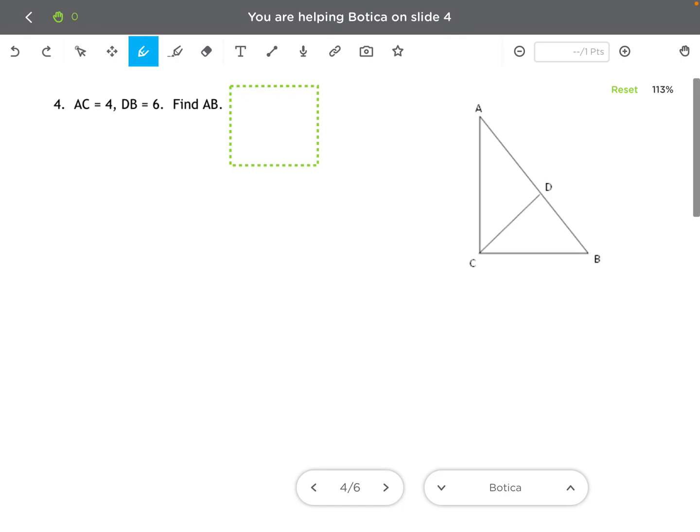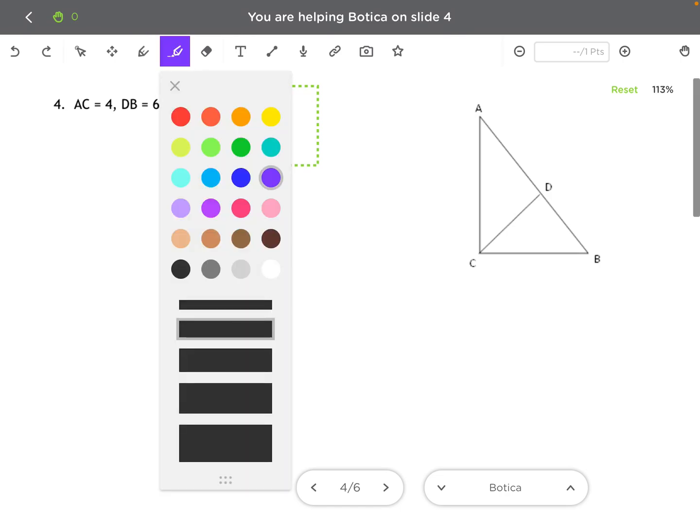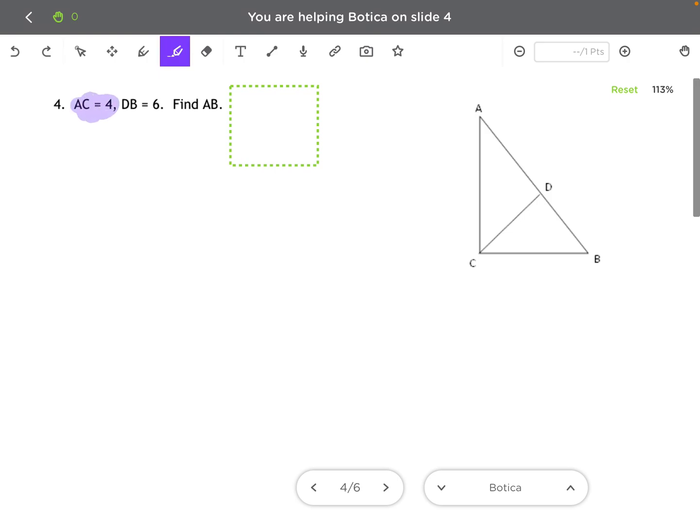For number 4, I'm going to use some similar triangles. So I'm going to show you what this is going to look like. We have AC is 4. I'm noticing that I'm working with the leg, but we're not using that method. I notice that DB is 6, and we are trying to find AB.